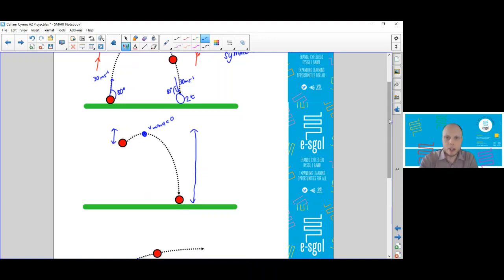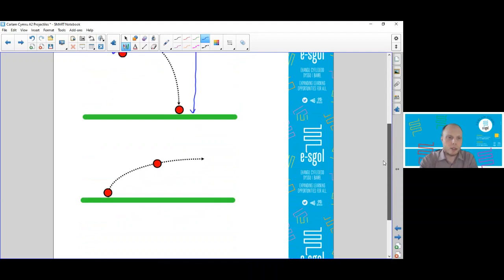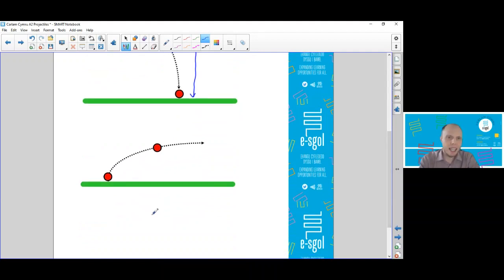Then we've got our third type of projectiles question down here, where we're not interested in where it lands. Obviously it will land, but maybe we don't even care about getting that far. Maybe this is a shot in football, and the issue is whether it's going to go in the goal, or a kick in rugby, and whether it's going to cross over the post.